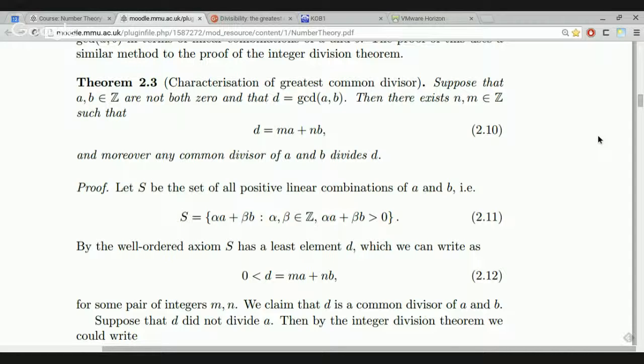So S is the set of every number which is alpha A plus beta B, where alpha and beta are integer coefficients, and the linear combination must be positive. So this S is a subset of the positive integers, something that the well-ordering principle can apply to.